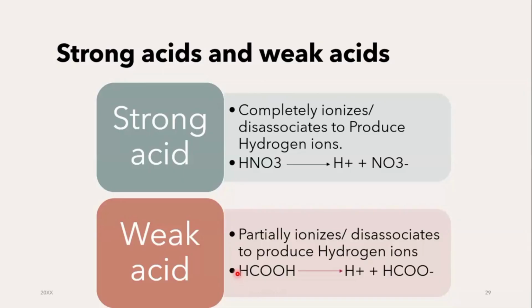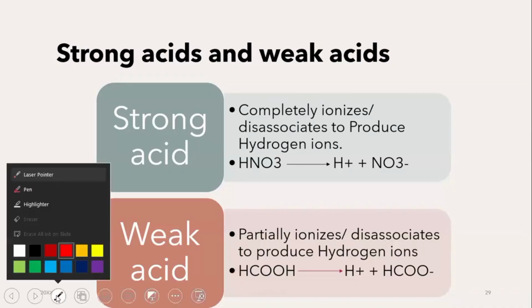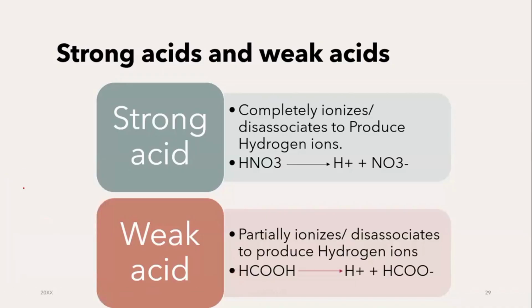A weak acid is an acid that will only release some of the hydrogen ions, not all of its hydrogen ions. When we define it in the exam, what do we say? It partially ionizes. It partially dissociates, partially breaks down. It's not going to be breaking down completely. Keep in mind that weak acids generally give us a reversible reaction.